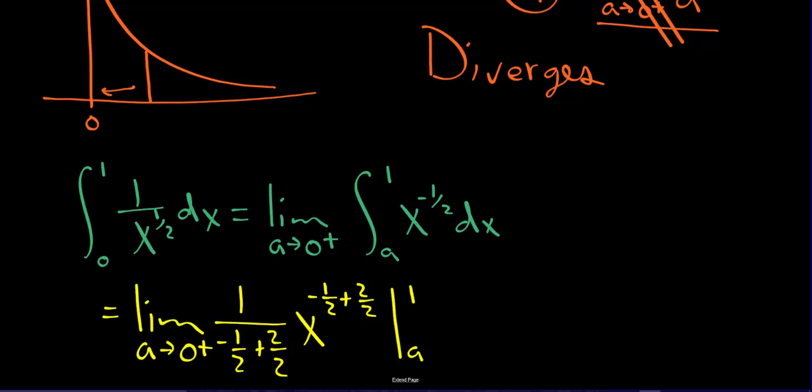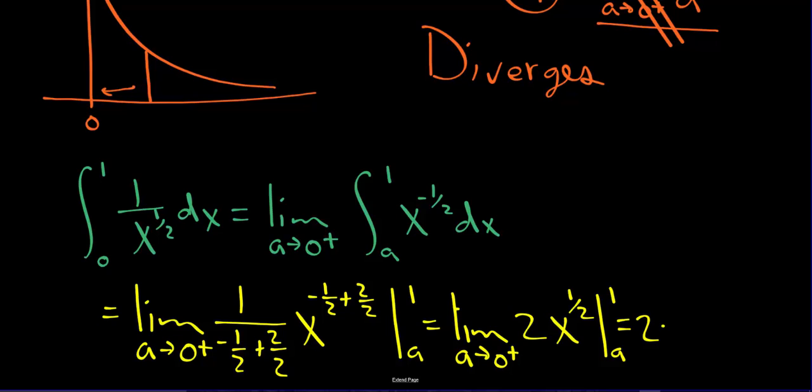So it looks like what we're going to get is the limit as a goes to 0, and this is going to be 1 over 1/2, which is 2, x to the 1/2. Okay. Now, if we put in the 1, we get 2 minus the limit as a goes to 0 of 2a to the 1/2, which is just going to be 0, right?